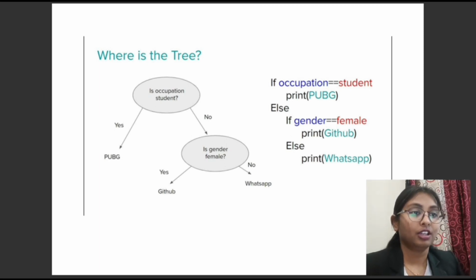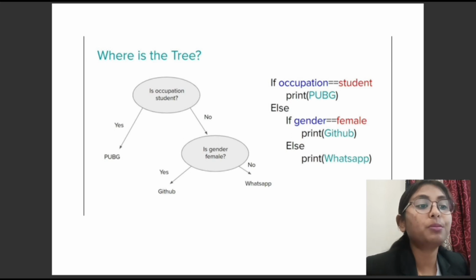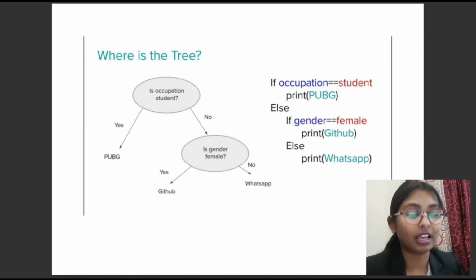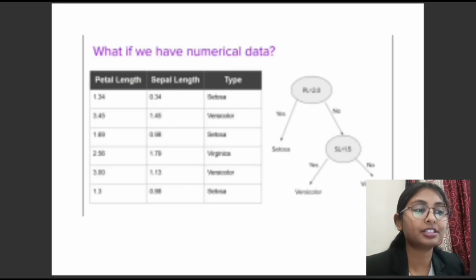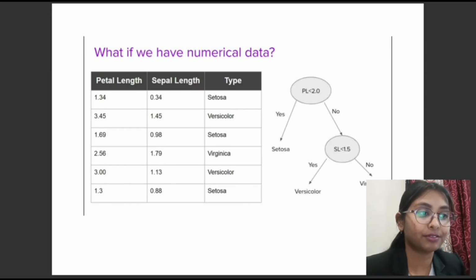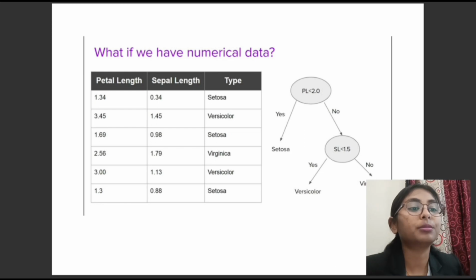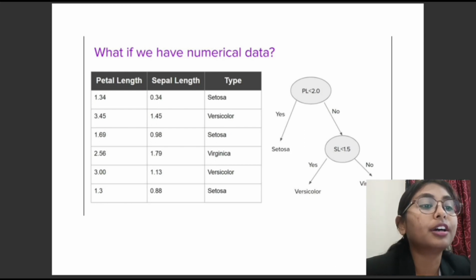That's it. So for numerical data, as this would be our case study too, we can see for petal length and sepal length, we are describing whether the given type is setosa, versicolor or virginica. So here is the terminology.